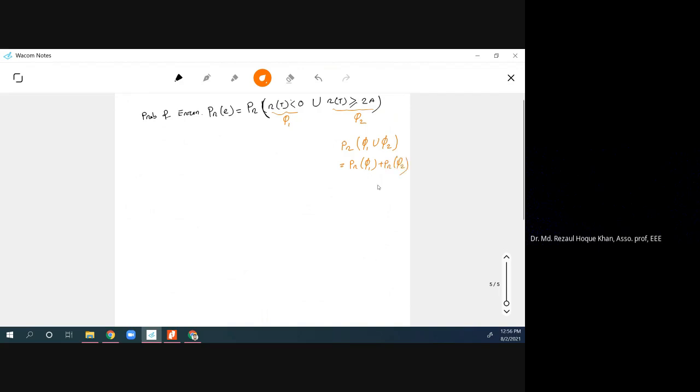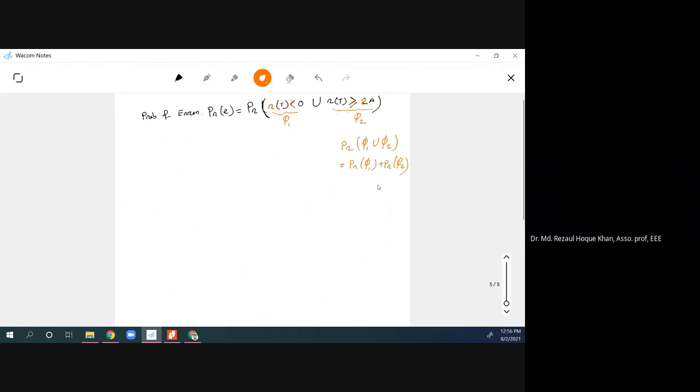Here phi 1 and phi 2 have a characteristic: RT less than 0, or RT greater than twice A, they are actually disjoint events. They are mutually exclusive. If this happens, that does not happen. If that happens, this does not happen.